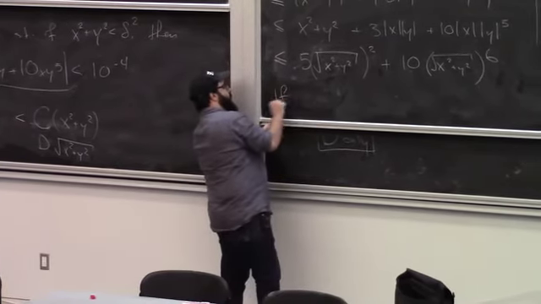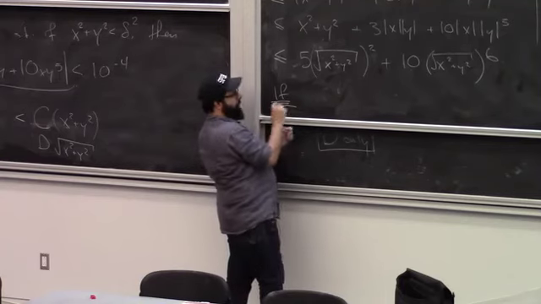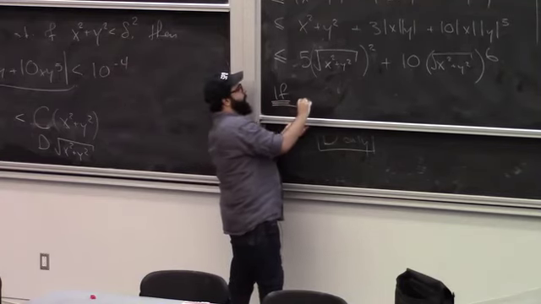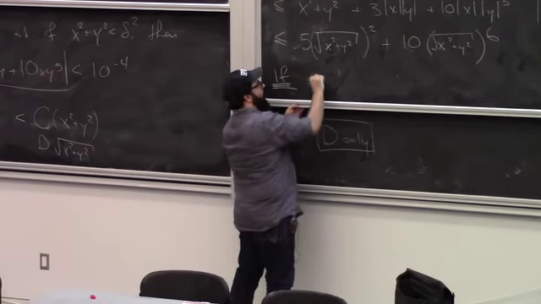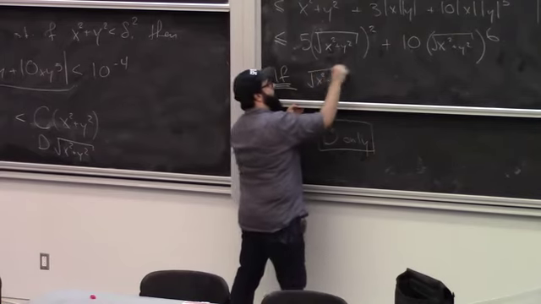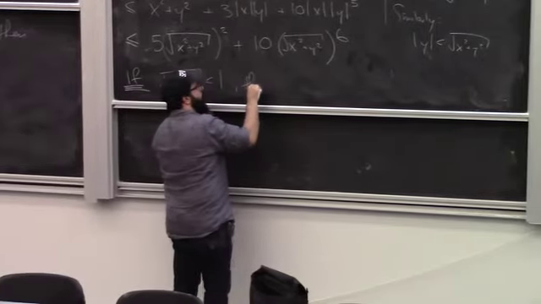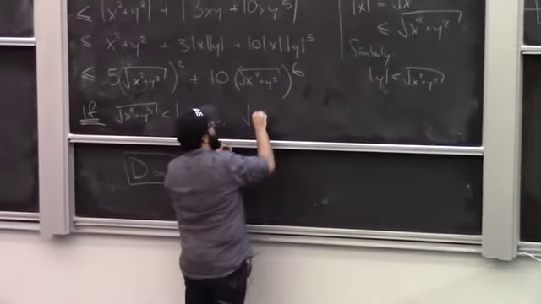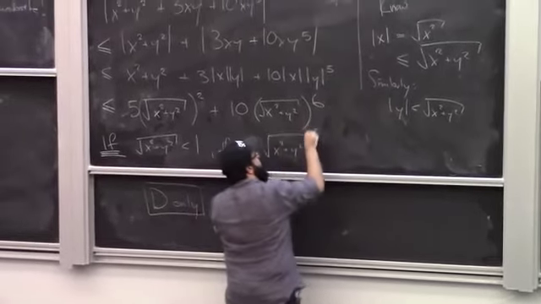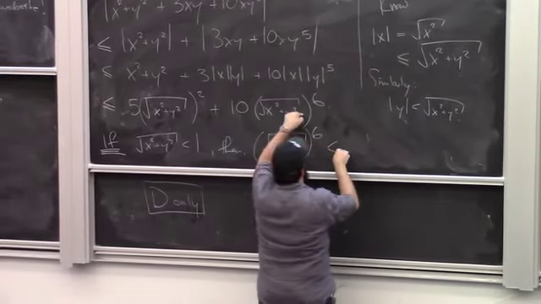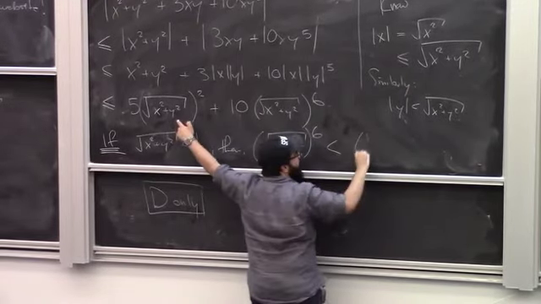So, I realize I'm slightly over time, but I want to finish this point. If this quantity that I'm working with here is less than 1, then this is less than that.